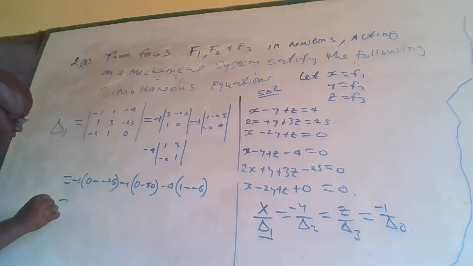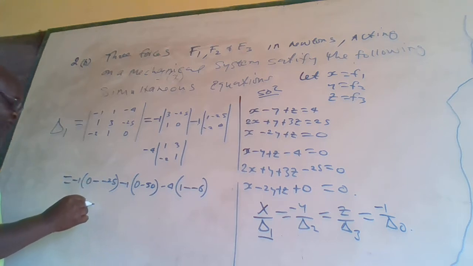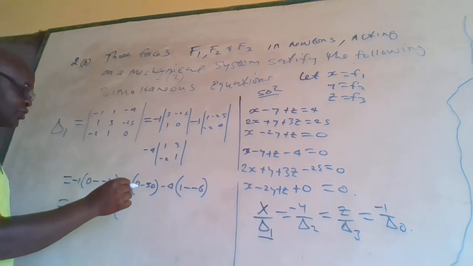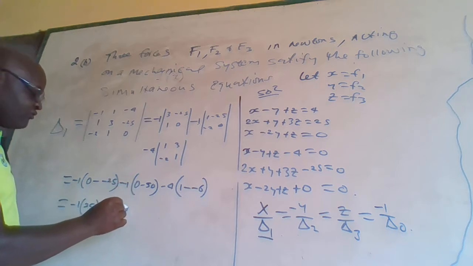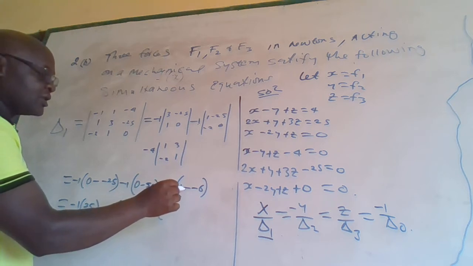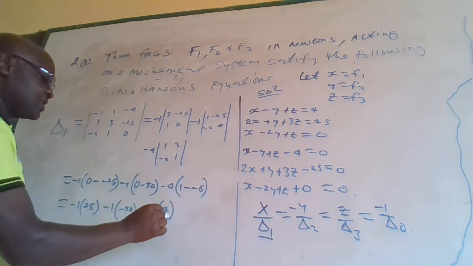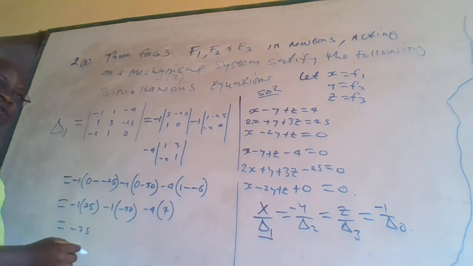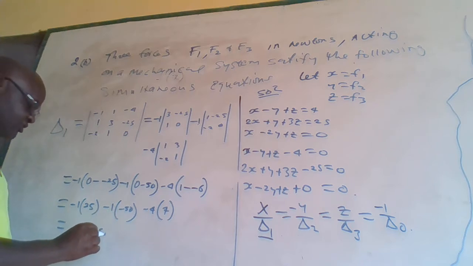Therefore, this equals negative 1 into, this will now be 5, minus 1 into, this will be minus 50. Then you have minus 4 into, this will now be 7. So this equals negative 25, negative 1 times negative 50 plus 50.